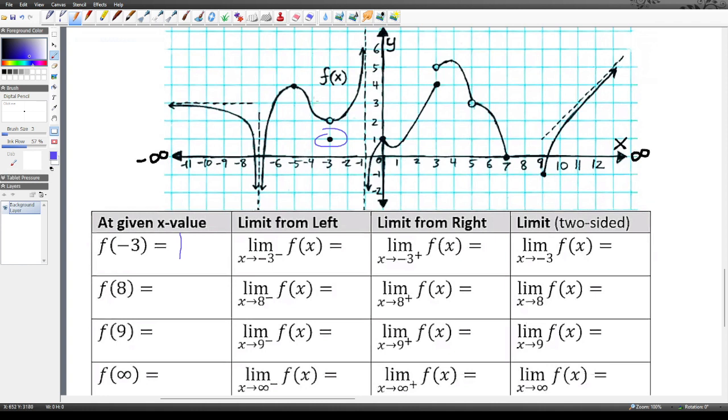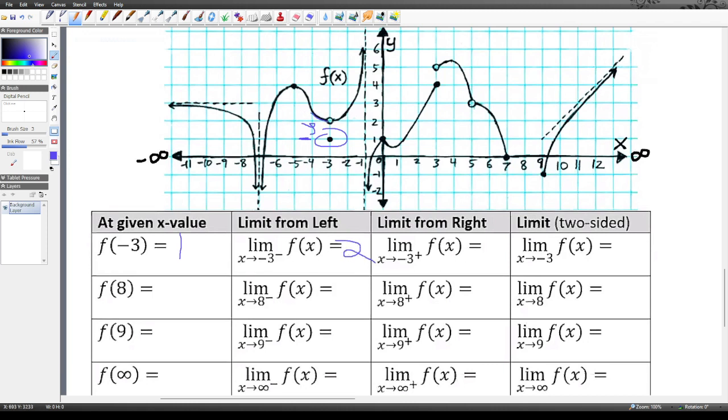So we're approaching from the negative side, or the left side, and it's getting closer and closer to 2 for the y's. So your limit will be 2.